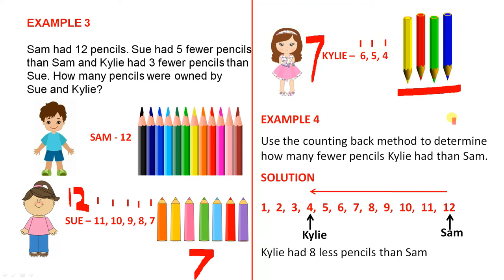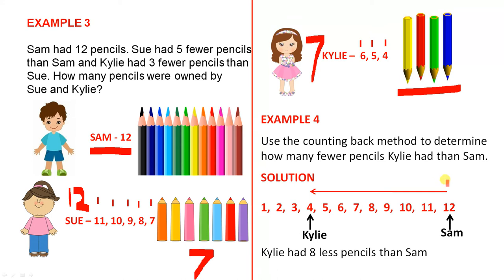Example 4. Use the counting back method to determine how many fewer pencils Kylie had than Sam. Right, now we saw in the beginning that Sam had 12. That's what we were given in the problem. In the end, we worked out that Kylie had 4. There they are, there's the 4. So Sam 12, Kylie 4. Now, we have to count back.